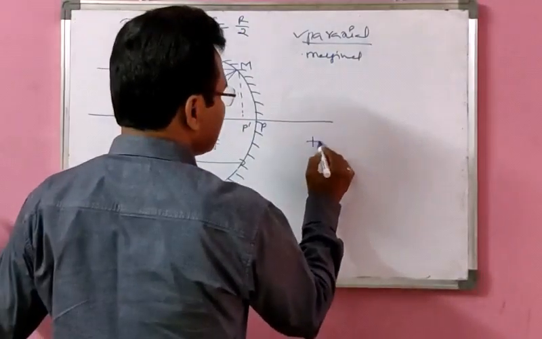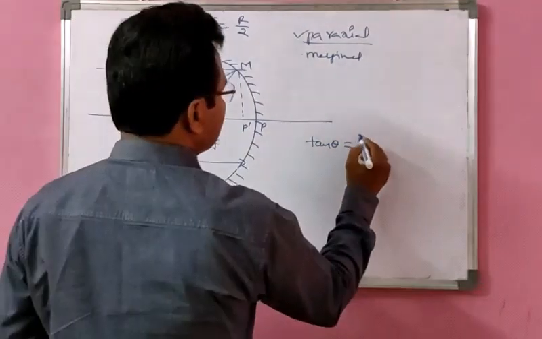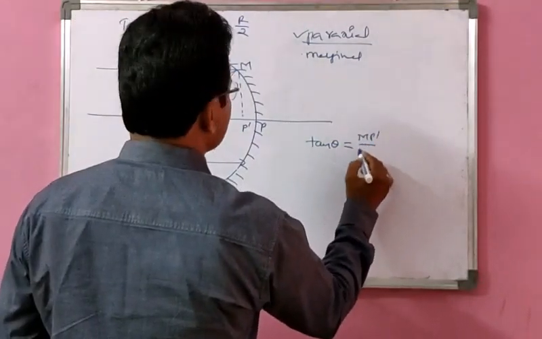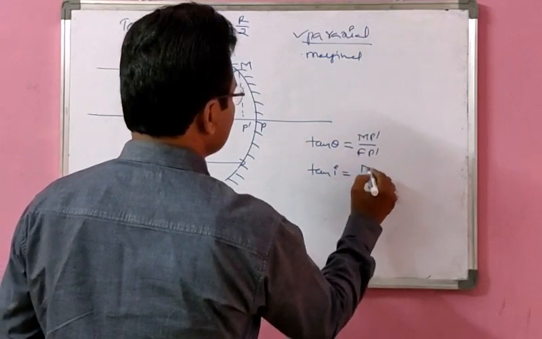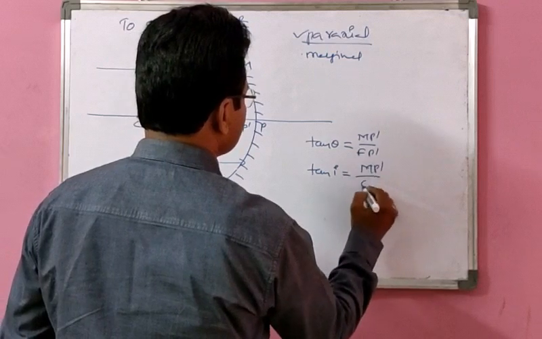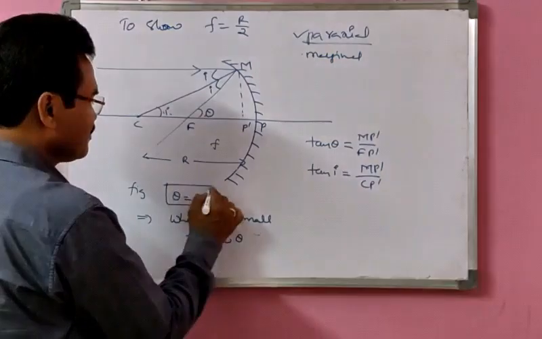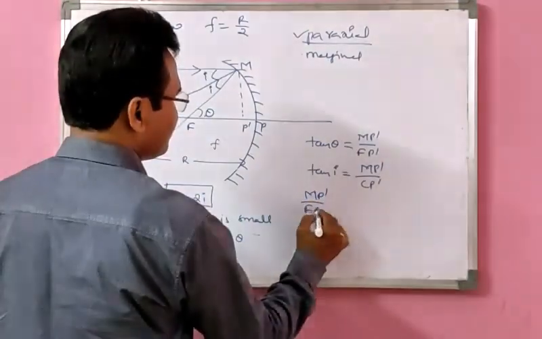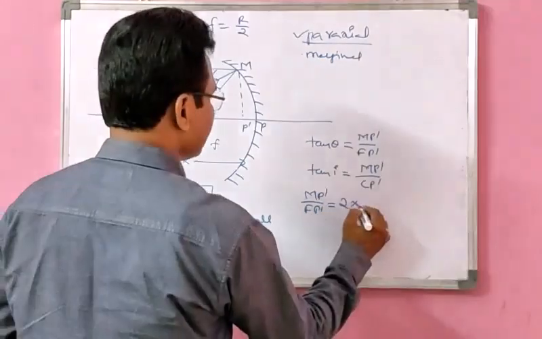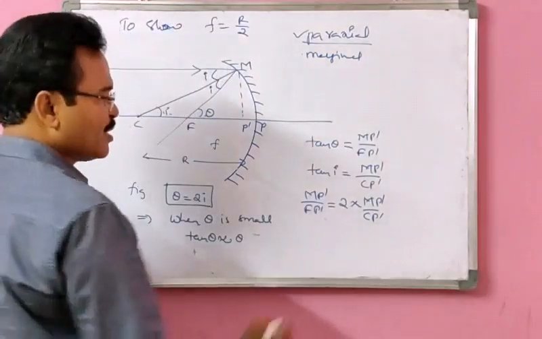Therefore, from the figure, tan theta equals MP dash by FP dash, and tan i equals MP dash by CP dash. Substituting here, MP dash by FP dash equals 2 times MP dash by CP dash.